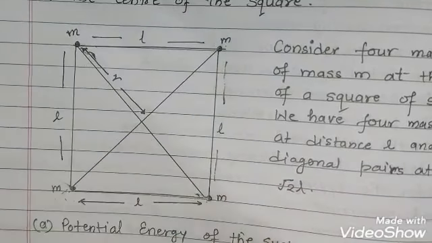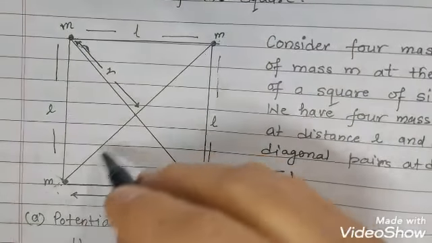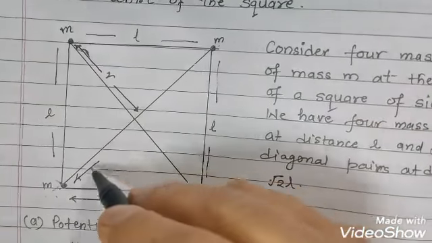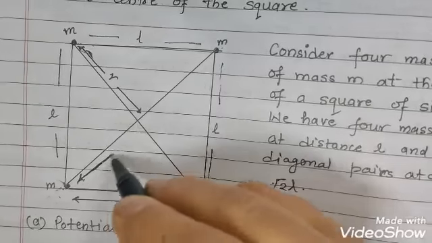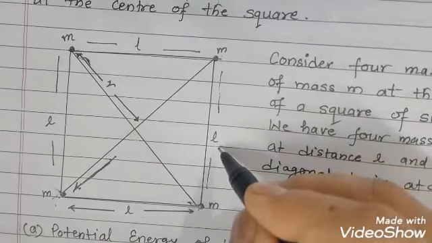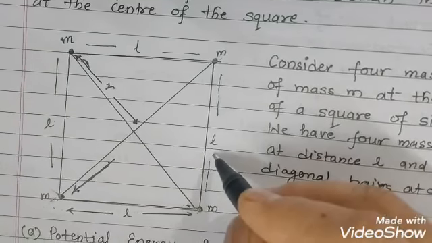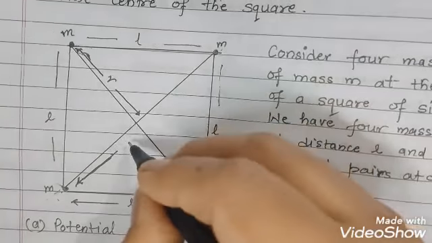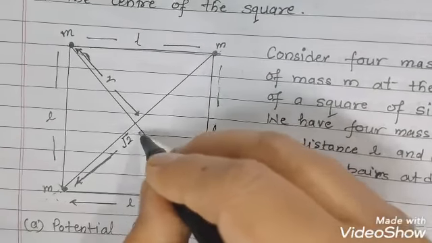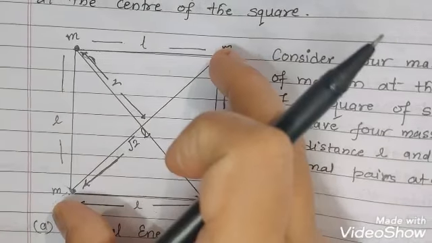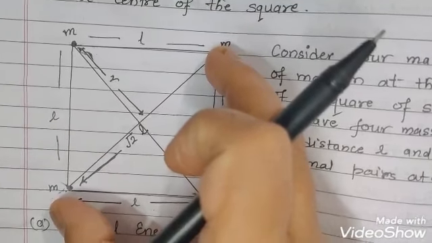Now for the next 2 pairs, we have to find the diagonal, and the diagonal is what? We can find the diagonal by the Pythagoras theorem, that is root of L square plus L square, and that is equal to root 2 L. The diagonal of the square is root 2 into side.